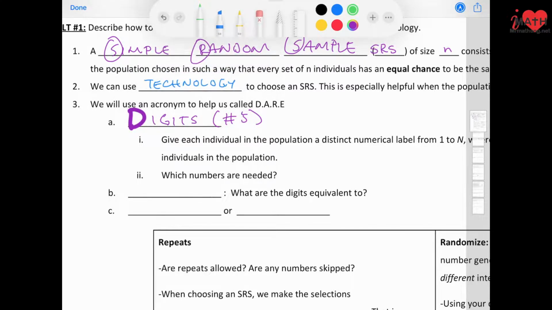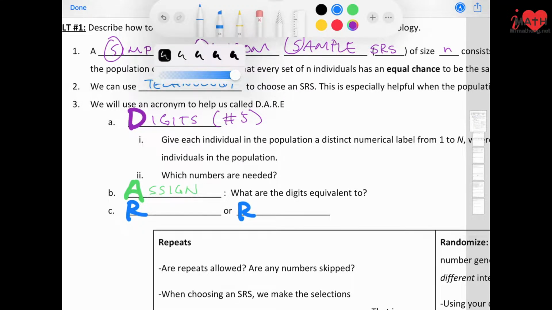All right, let's do our next one for DARE. This would be assign. What are the digits equivalent to? And then the next one, for R's, there's actually 2 of them.